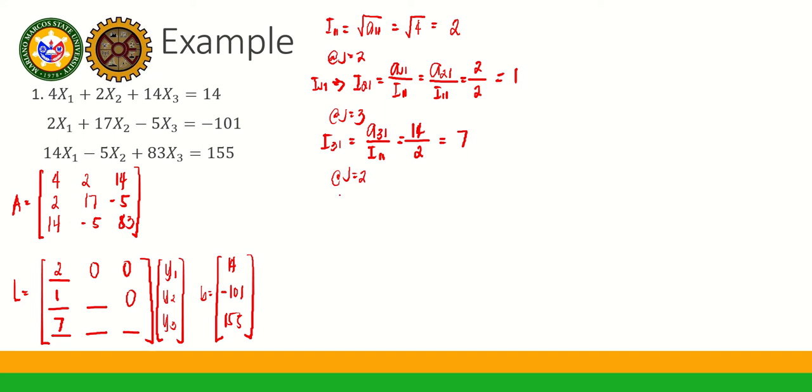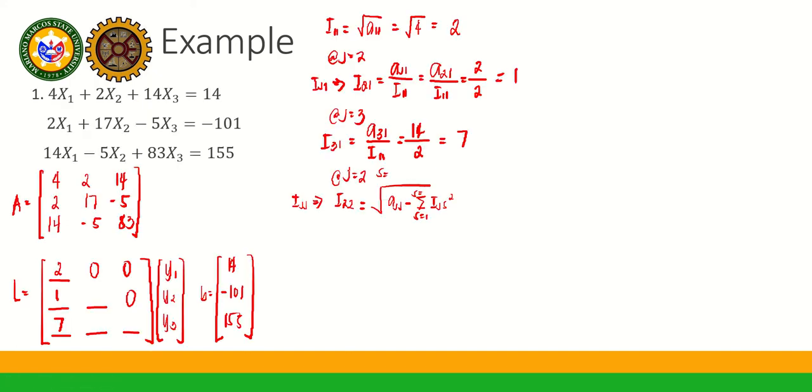So solving for I22. So this is from the formula IJJ. I22 is equal to the square root of AJJ minus the summation of IJS squared, limits from s equal to 1 to s equal to j minus 1.